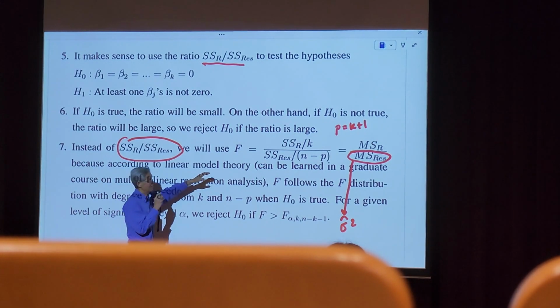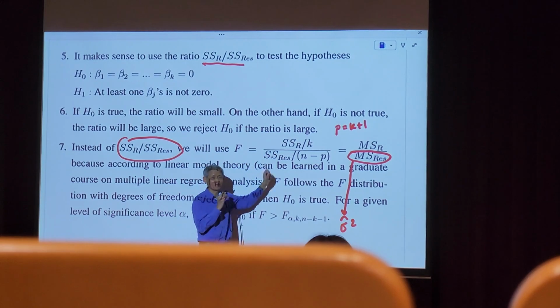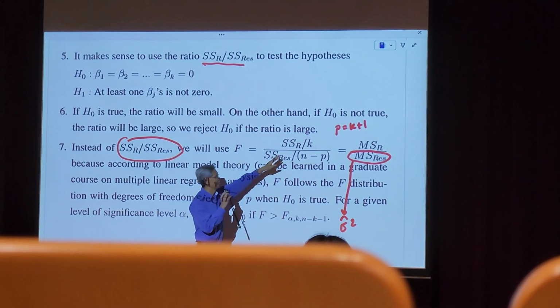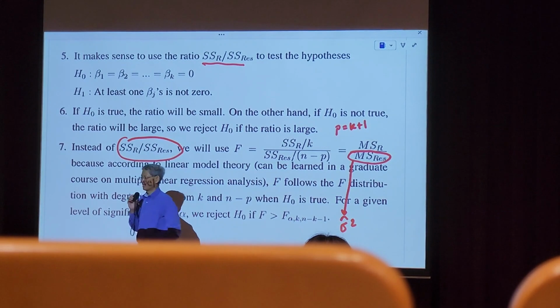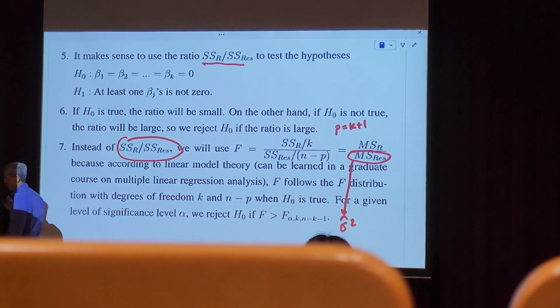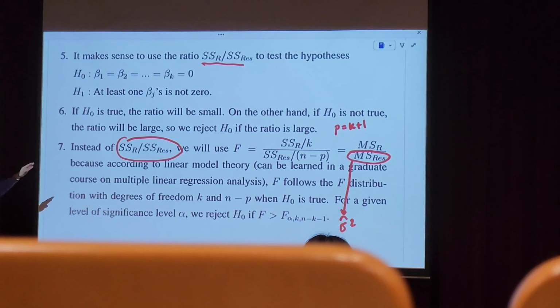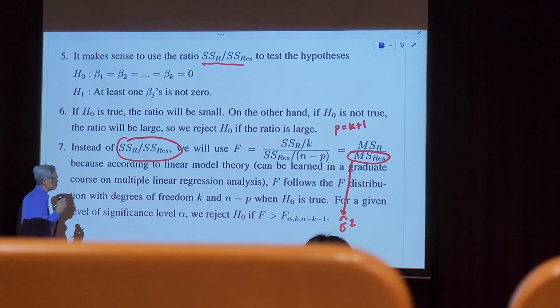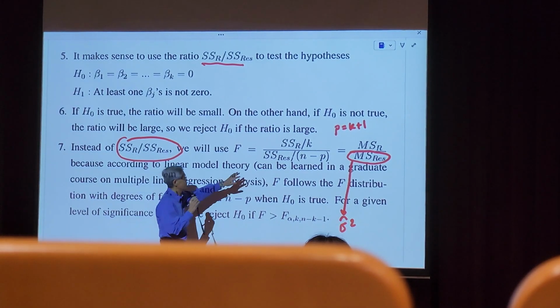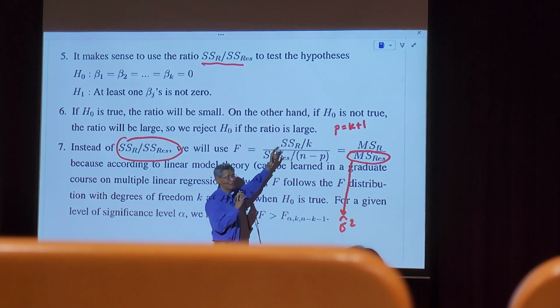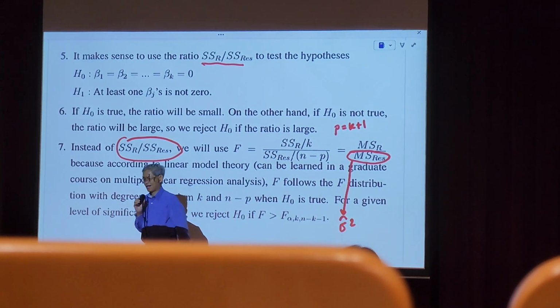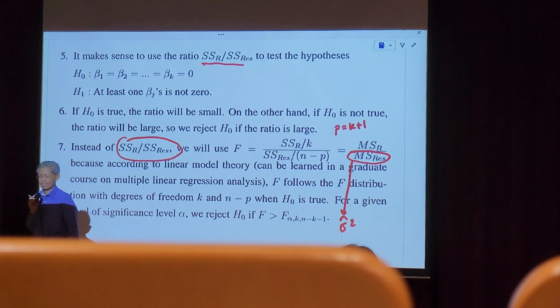Here, we are still using the ratio, but we divide them by their degrees of freedom, so that the denominator and the numerator both have chi-square distribution.